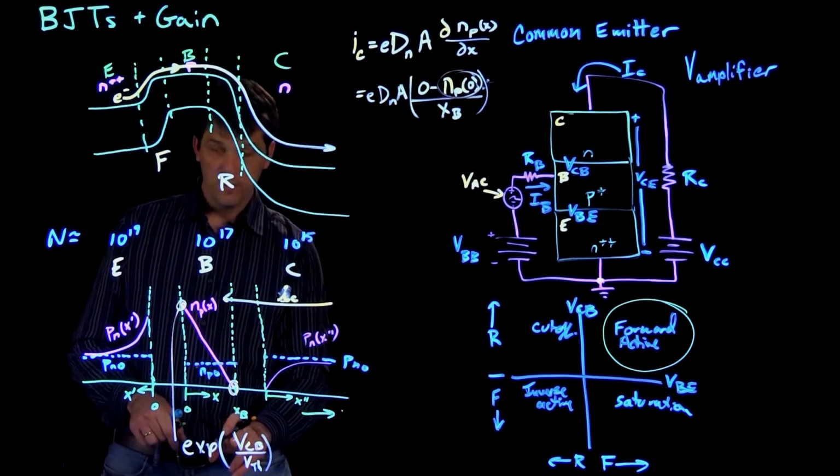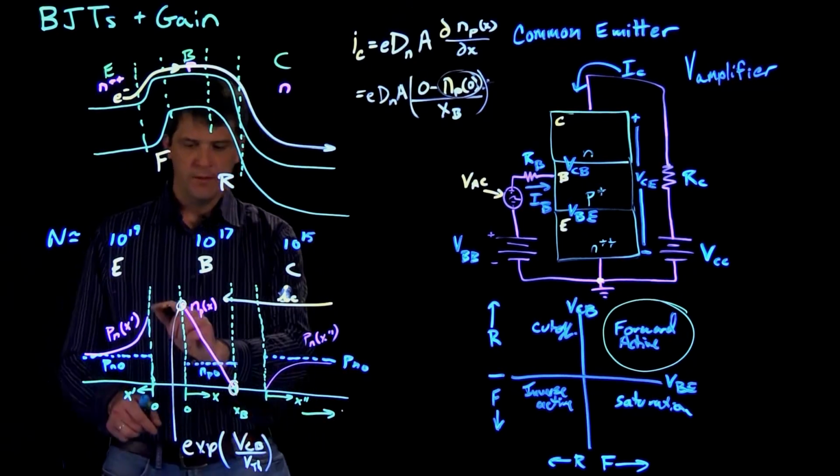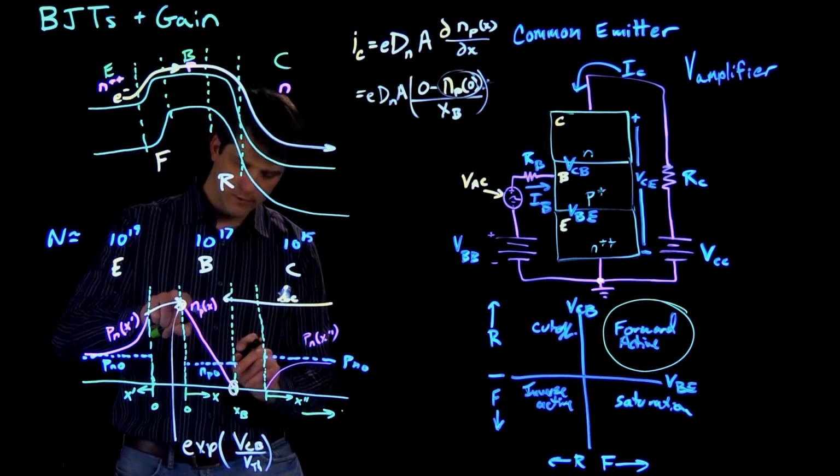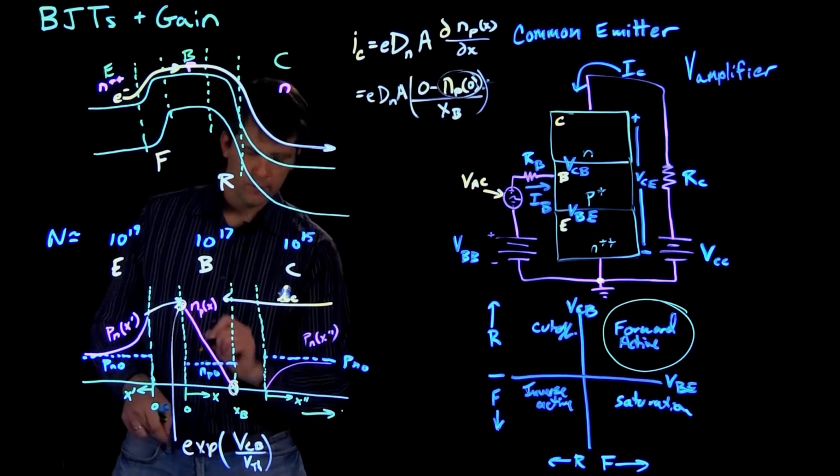So this is the voltage-dependent injection of electrons through this junction, which determines the concentration right there, and then this one is 0.